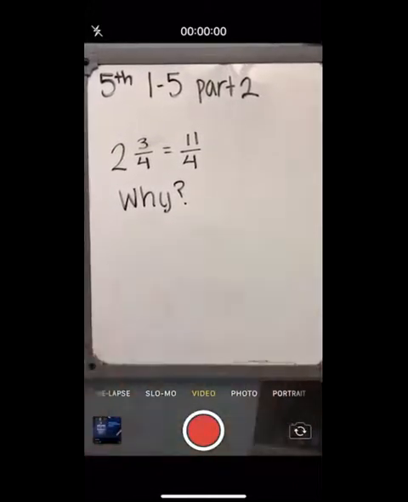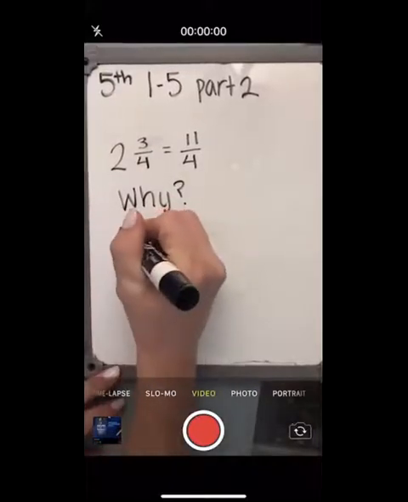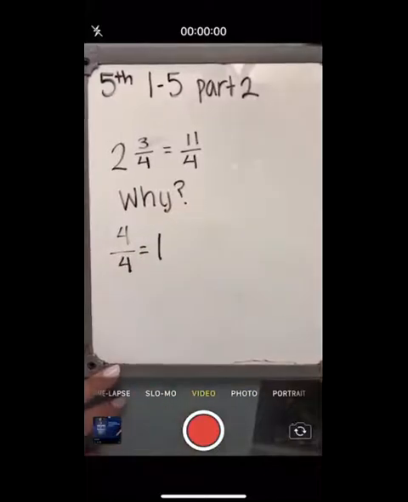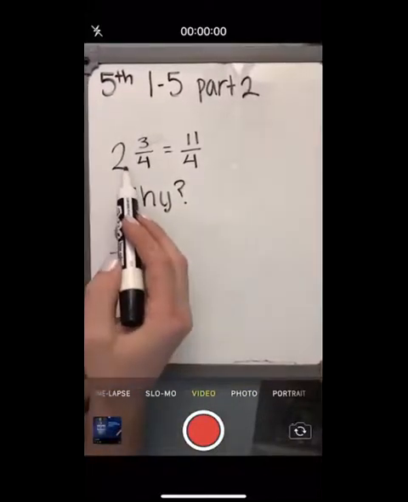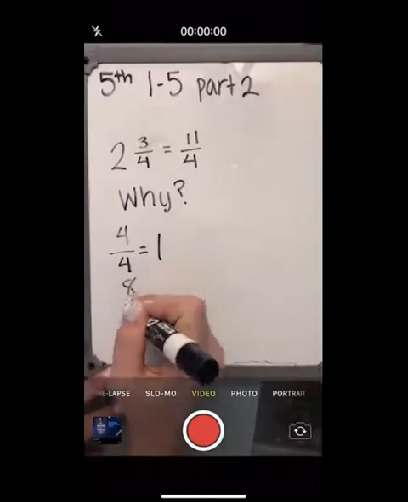Well, one way I think you could explain this to someone would be, well, if we're working in fourths, I know that 4/4 equals 1 whole, right? So if I have 2 wholes, I know that would have to be 8/4.